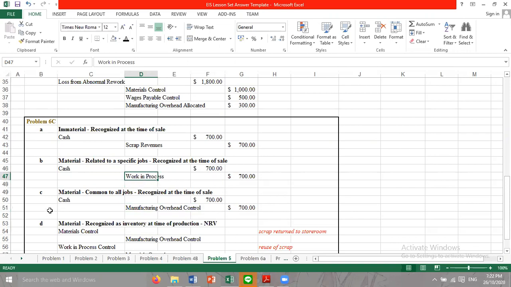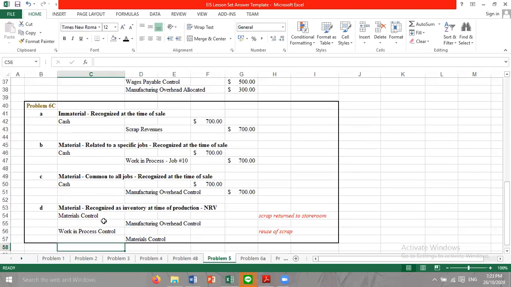If the scrap is traceable to that specific job, we reduce the cost of that job, hence we reduce work in process, in this case for job 10, since the question says job 10. However, if we think it's common to all jobs, instead of reducing the cost of that specific job, we reduce the manufacturing overhead control, which will be allocated to various jobs, right?